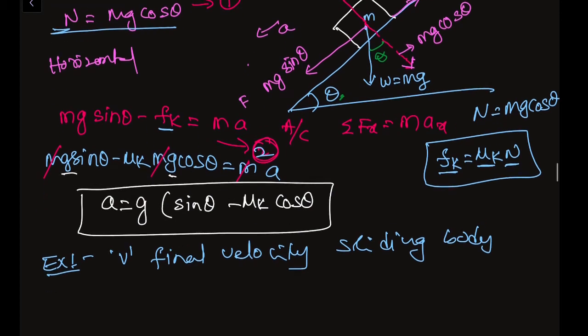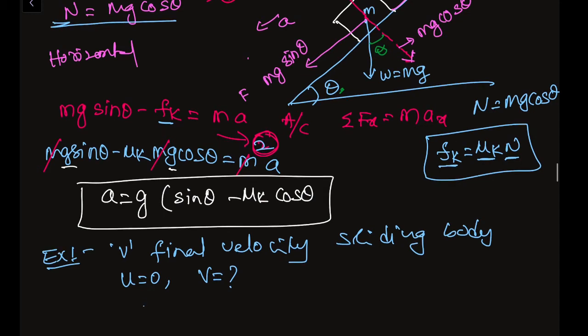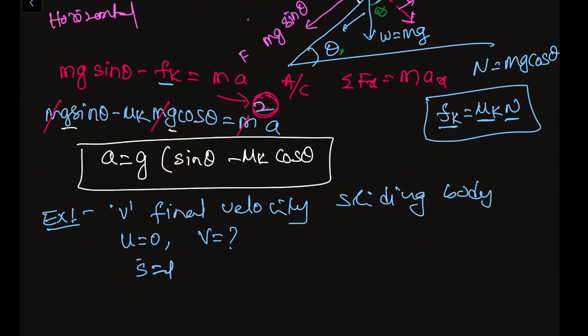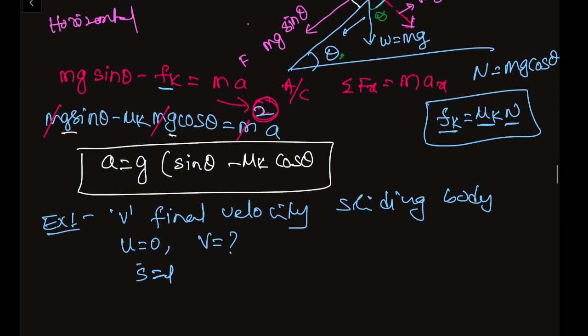We know the initial velocity is 0, the final velocity we don't know, and the displacement s is equal to l, the length of the path. Then a is equal to, from the derivation, g into sin theta minus mu k cos theta.